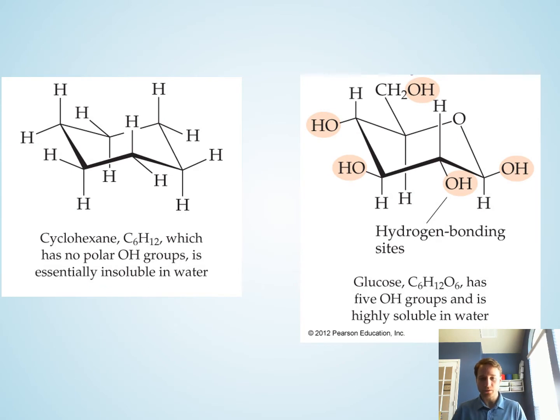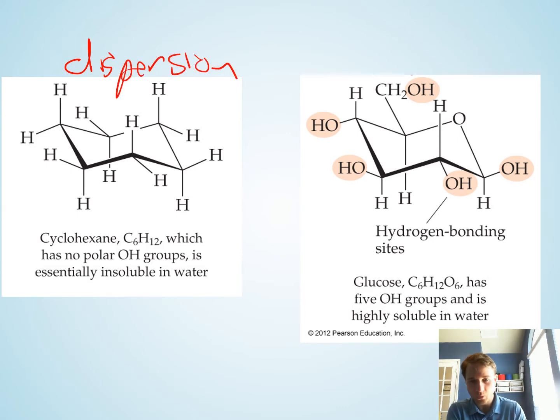Another example here is, let's say I'm looking at cyclohexane versus glucose, and I want to try to dissolve these things in water. Well, cyclohexane is just a pure hydrocarbon. This just has dispersion interactions, while glucose has a bunch of OH groups, which means it's going to have hydrogen bonding type intermolecular forces.